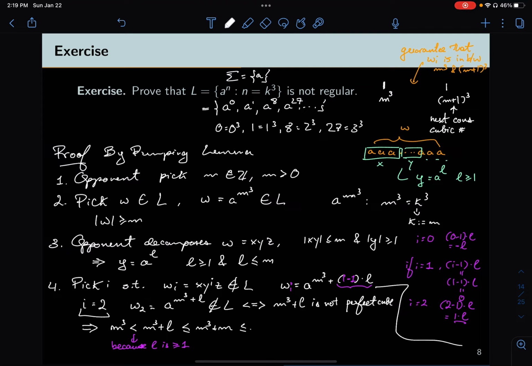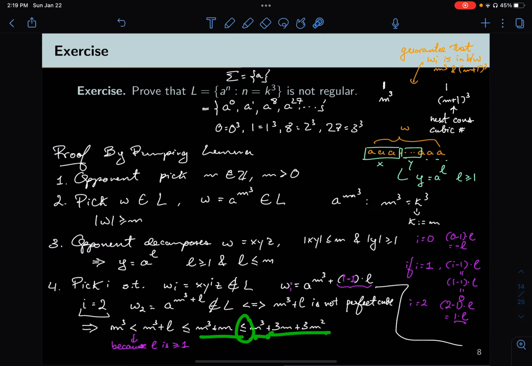So M cubed plus M is less than or equal to M cubed plus 3M. And if I add some other stuff like 3M squared, this inequality still holds, right? So this inequality is definitely true.